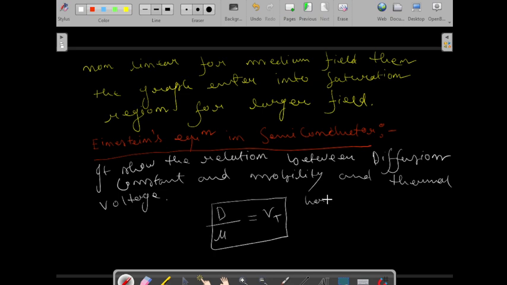Here D is the diffusion constant, mu is mobility, and Vt is thermal voltage.